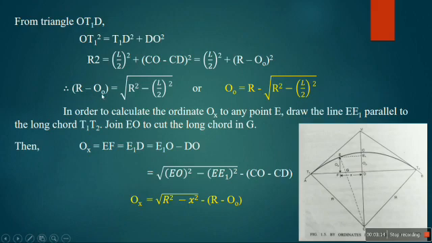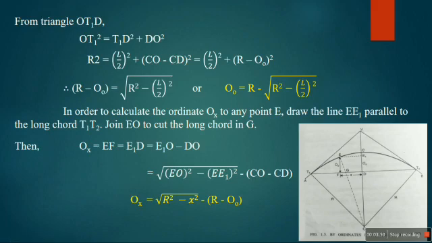Then R minus O naught equals square root of R square minus L by 2 whole square. Take this term to this side, then apply the square root. The aim is calculation of O0. So O0 is equal to R minus square root of R square minus L by 2 whole square. This is the formula for finding the length of the offset at 0, or midpoint of the long chord.